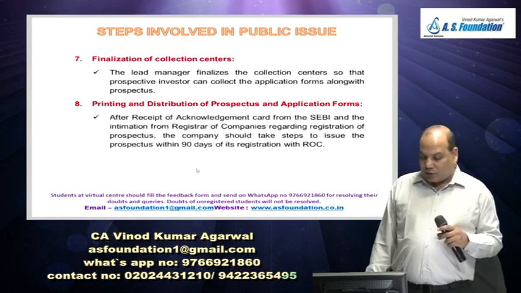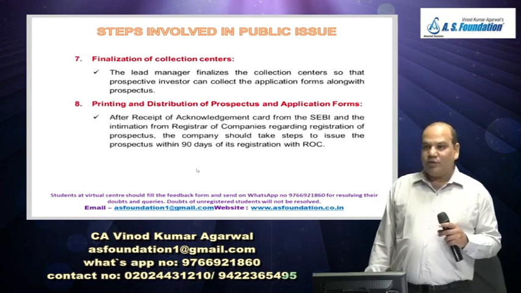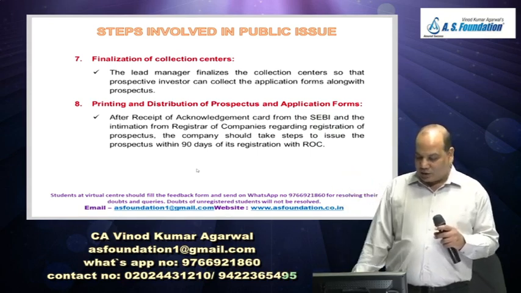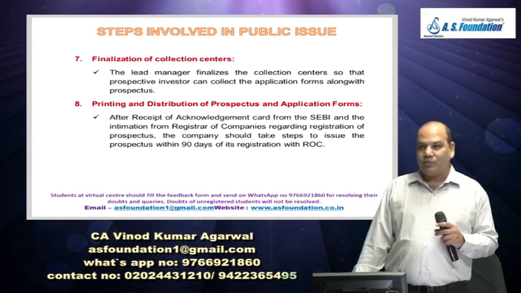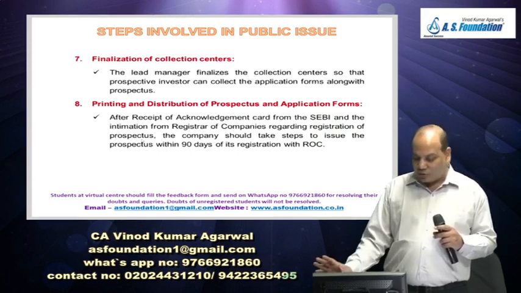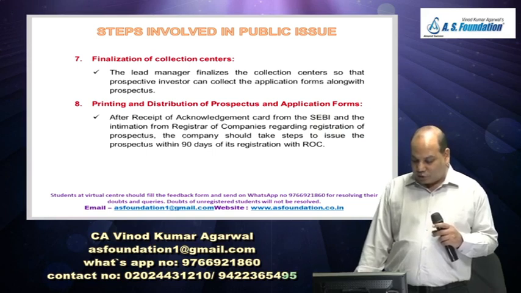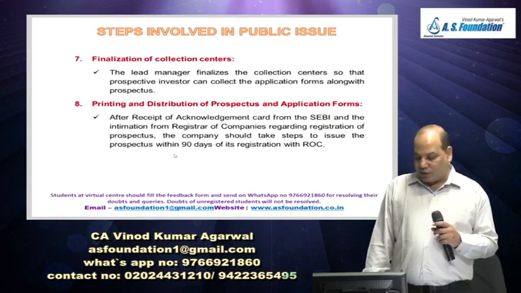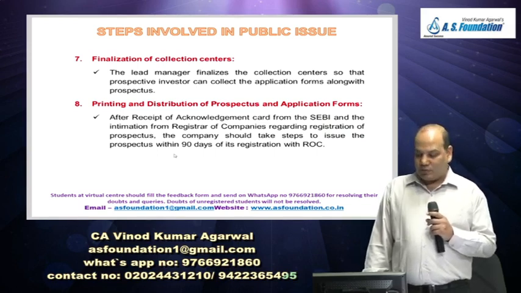So after receipt of acknowledgement card from SEBI, SEBI has acknowledged, yes, go ahead, and the intimation from registrar of companies regarding registration of prospectus, and ROC has also intimated, the company should take step to issue the prospectus within 90 days of its registration with ROC.